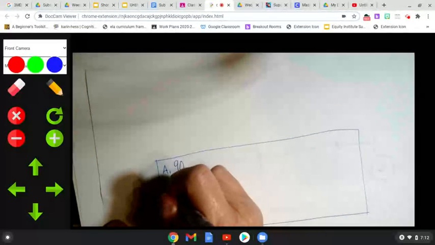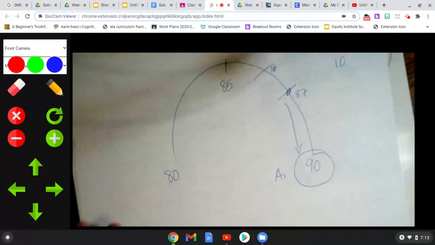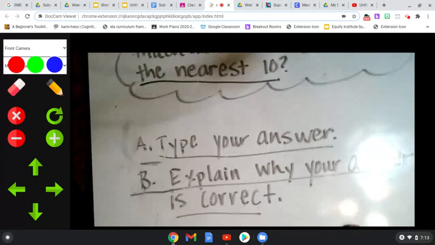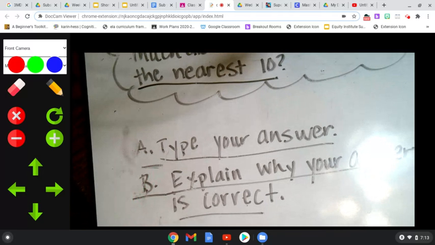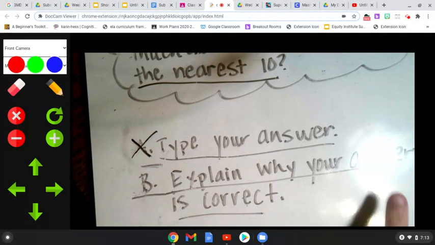And now I'm going to type the letter B because I'm getting ready to answer B. So let's look at what B asked us to do. B says, I did A. I'm really excited. I did A. Found the answer. Explain why your answer is correct.